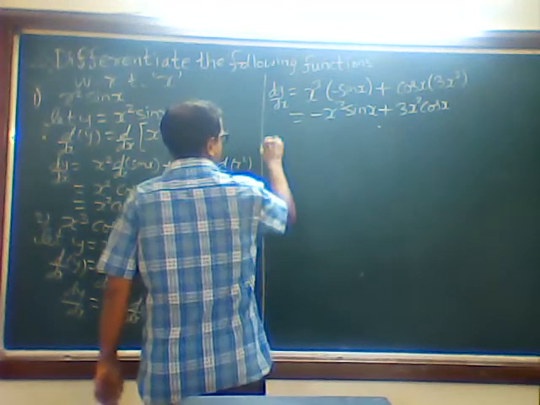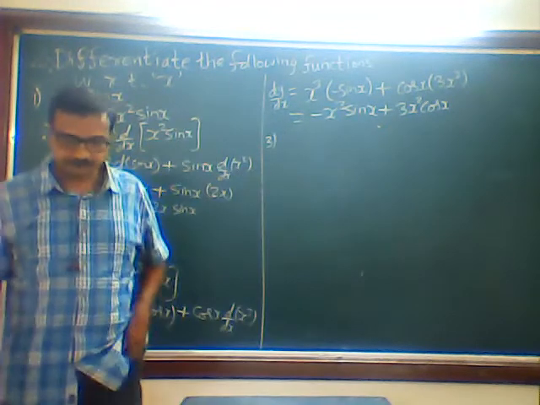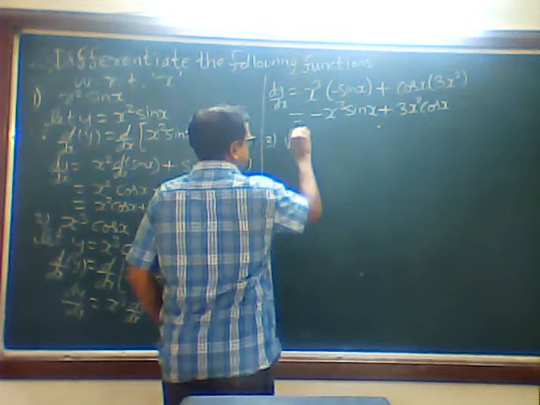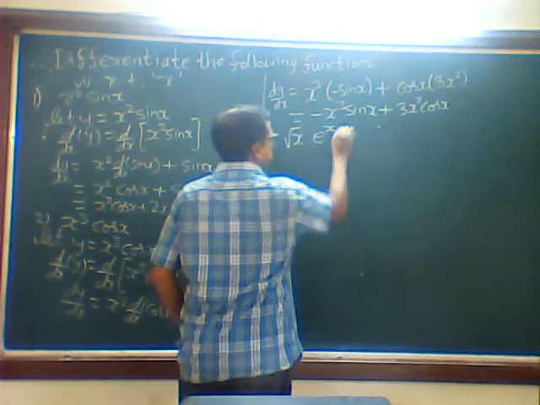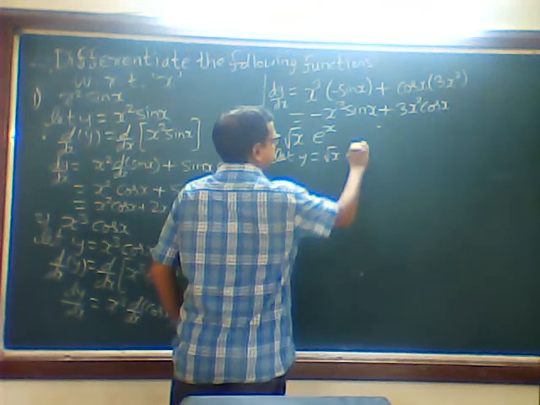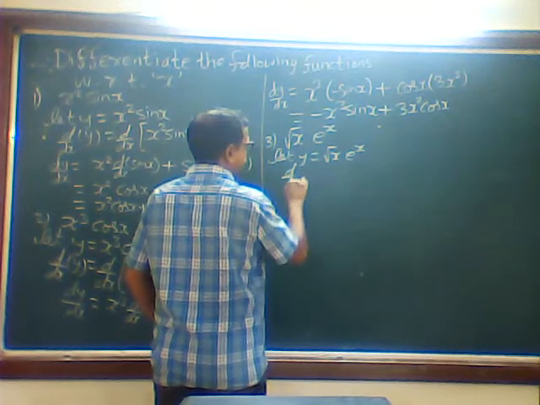Okay. Next, third one: square root of x into e raised to x. Again, let y is equal to root x into e raised to x. So d by dx of y.